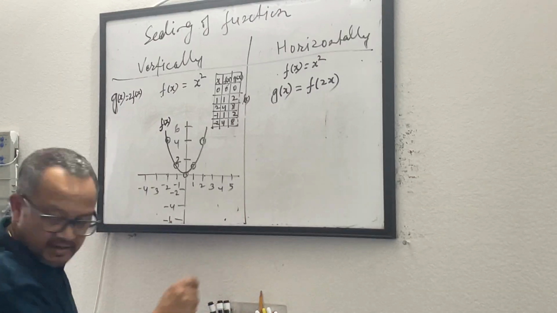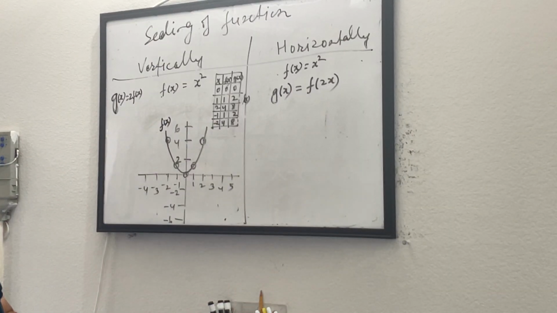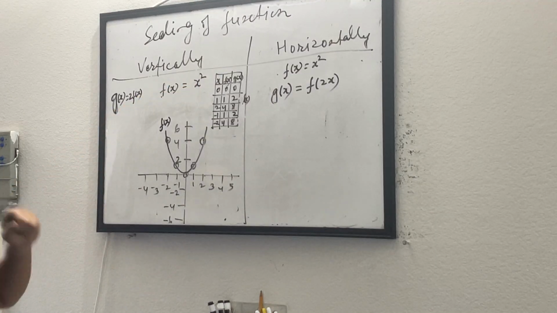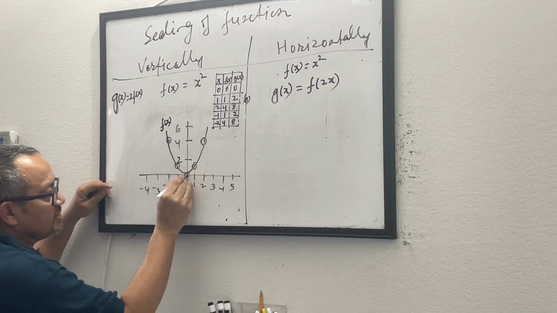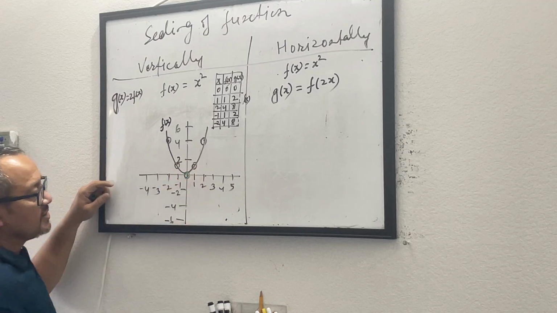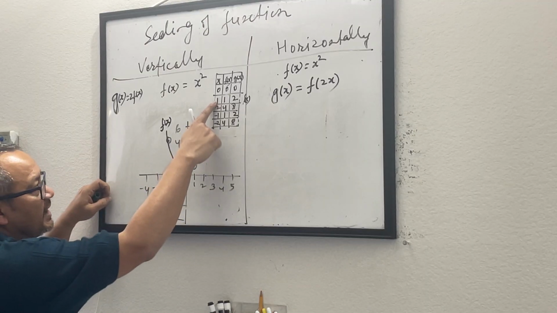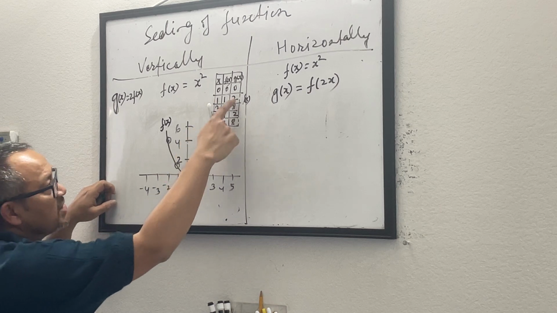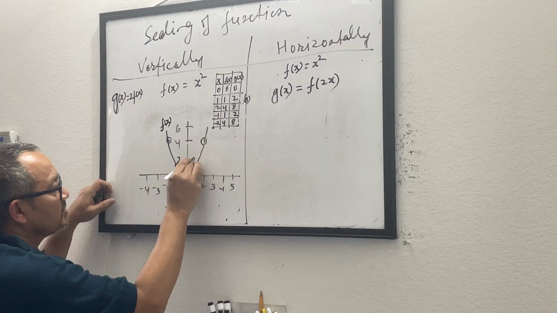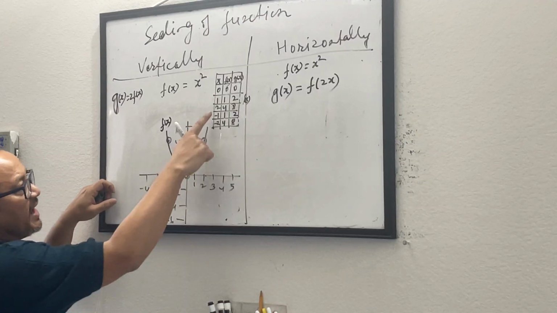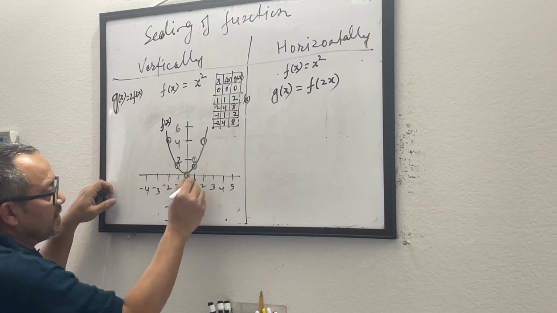Now, let me use another color marker for drawing g of x. When x is 0, g of x is 0. So this is one point here. When x was 1, g of x was 2. When x was 2, g of x was 8.